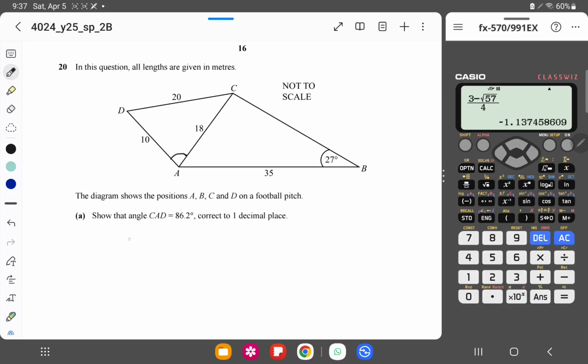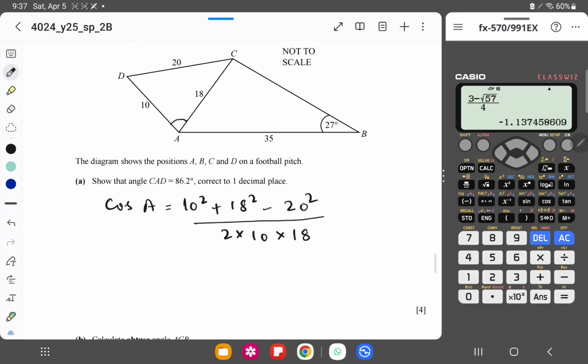Use the cosine rule. So cos of A is equal to 10 squared plus 18 squared minus 20 squared upon 2 times 10 times 18. That is a squared plus b squared minus c squared upon 2ab. You know the formula and it is also given in the formula sheet.